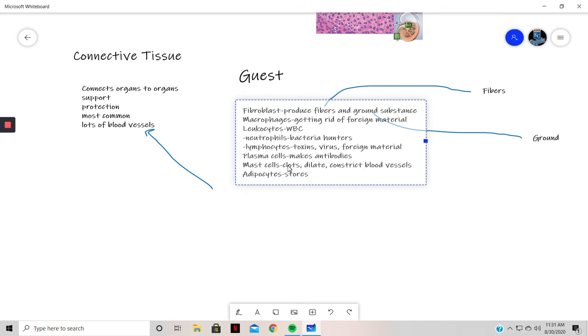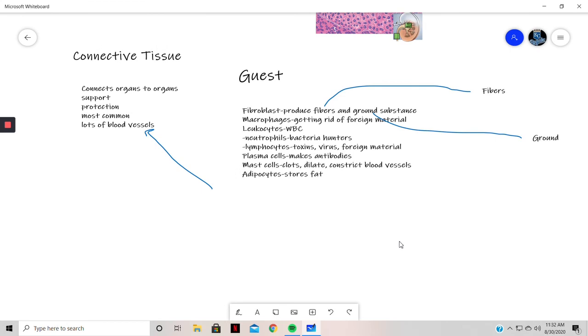Sorry about the delay there. But we're going to store fat. You see that addy prefix? You got adipocytes. You got to be thinking fat. So we're going to be storing fats in the connective tissue. Again, lots of energy. It is needed, and of course those are storing fats. Those are going to be a part of that energy process, storing energy, so when it's needed, it's there to be had. All right, so those are the guests that love to be in the connective tissue.